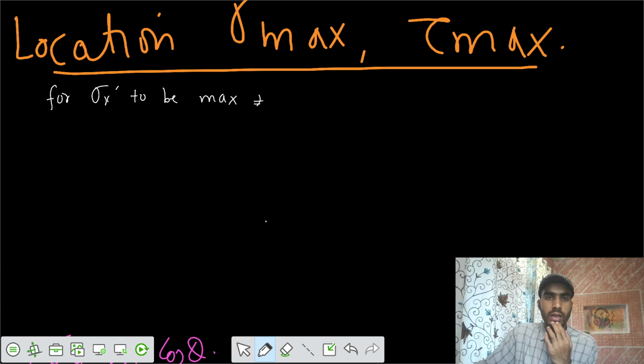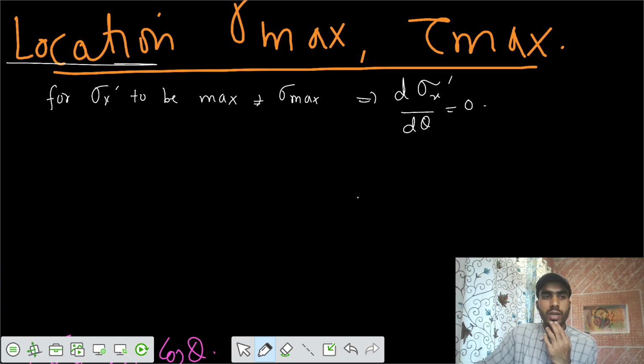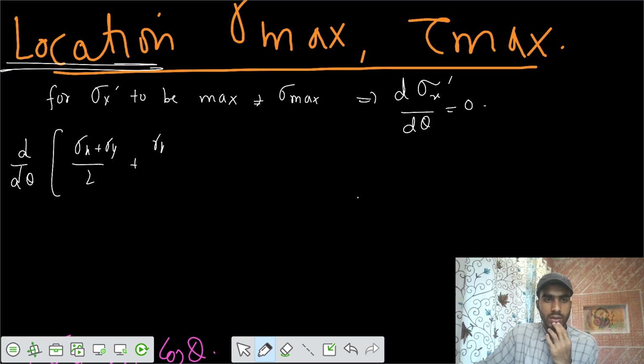that means it is sigma max. We can differentiate sigma x dash with respect to theta, and that should be 0 at one particular plane, so we can get the location. So d by d theta of sigma x dash, that's sigma x plus sigma y by 2 plus sigma x minus sigma y by 2 cos 2 theta plus tau xy sine 2 theta.